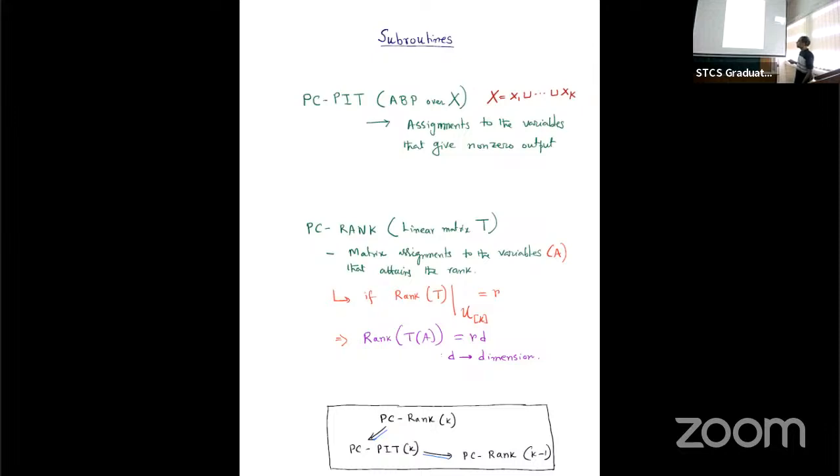And how do they interact? This PC rank algorithm over k buckets will call the PC PIT algorithm over k buckets. And in turn, this PC PIT algorithm will recursively call PC rank over k minus 1 buckets. So this is the reduction: from k, you go to k minus 1 recursively.